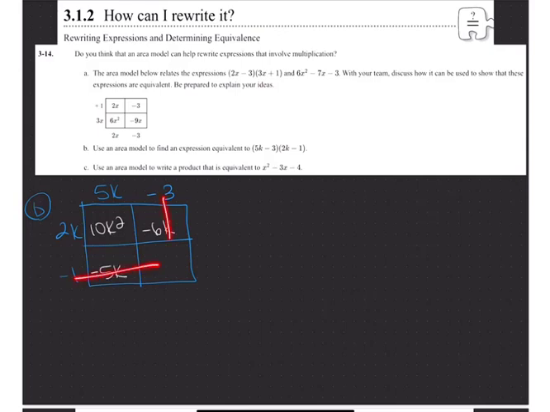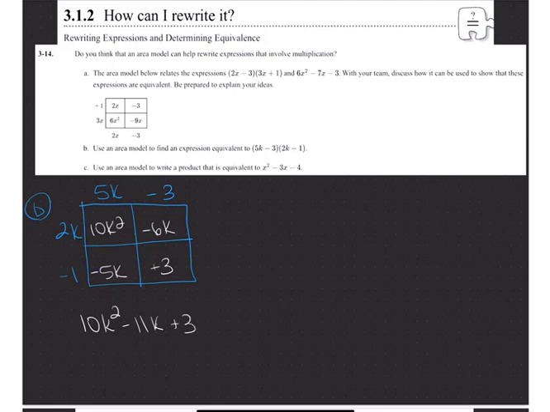And negative 3 times negative 1 is going to give me a positive 3. So most of the time our like terms are on diagonals, so we can simplify this, and we have what? 10x squared minus 11x plus 3.